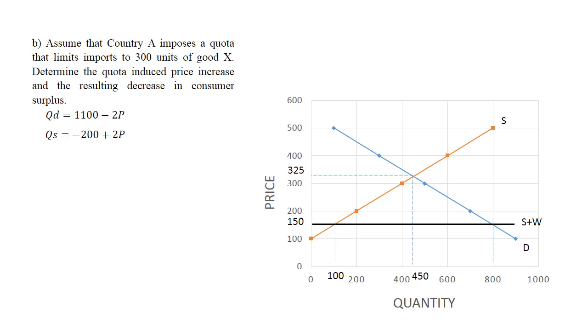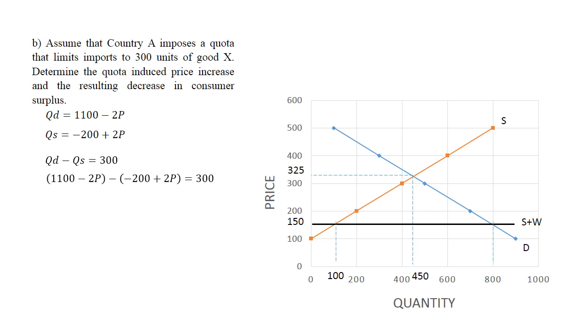Okay, so then how to get the number? We have already got the number of imports. The number of imports is 300. It means that the formula you have to use is QD minus QS equal to 300.